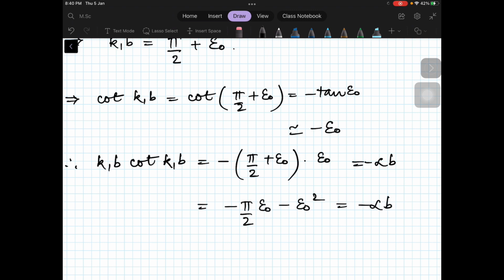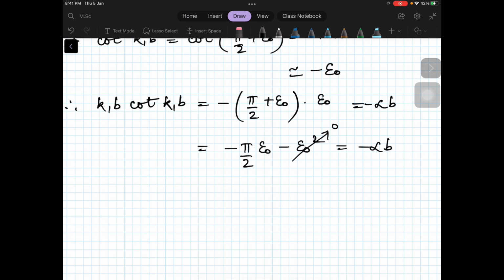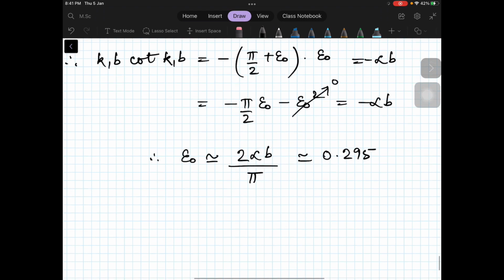And since epsilon naught is very small, we'll neglect epsilon naught square and put it equal to 0. Using this equation, we get epsilon naught as 2 alpha b over pi, and its value comes out to be 0.295. Therefore K1b becomes pi by 2 plus epsilon naught, its value becomes 1.87.